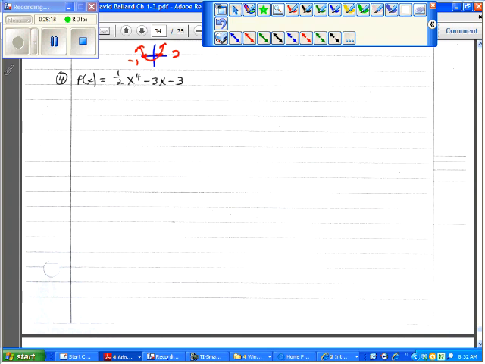All right, and then I want to find my first derivative. So my first derivative is going to be 4 times a half is 2x to the 3rd minus 3, right? 2x cubed minus 3. And then I'm going to set up my chart. I'm going to have n round 1, 2, 3.